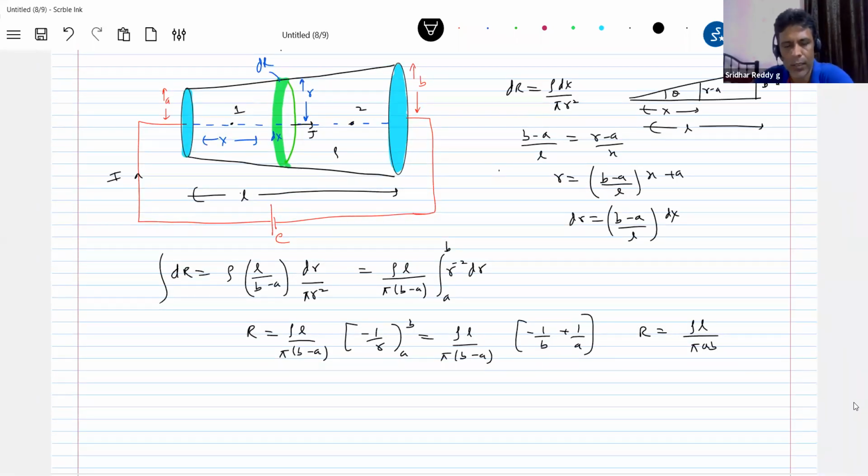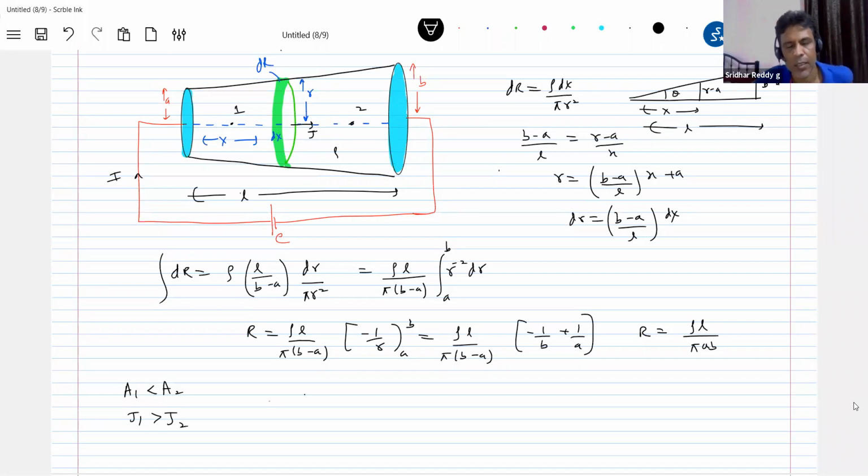At 1, the area of cross section is less compared to 2, no? A1 is less than A2. And what is the expression for current density? Current by area. The same current will flow, because regions 1 and 2 are in series. So therefore, J1 is greater than J2.